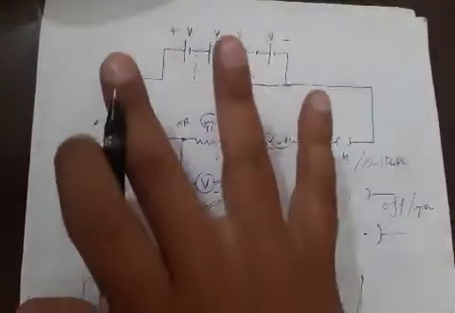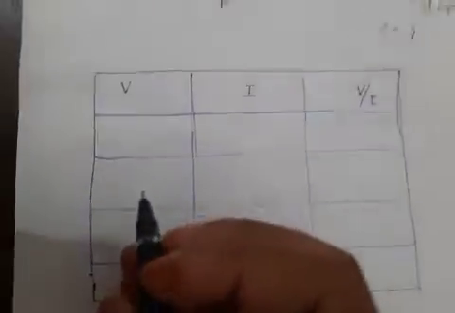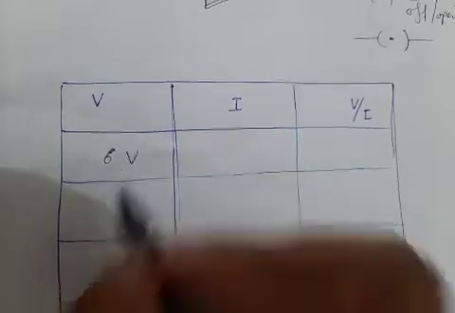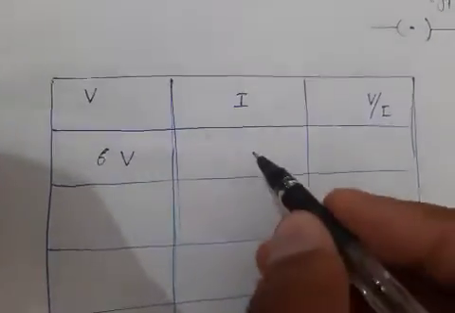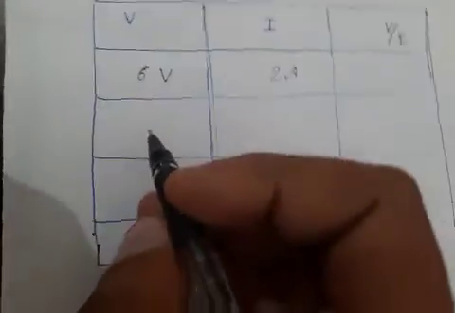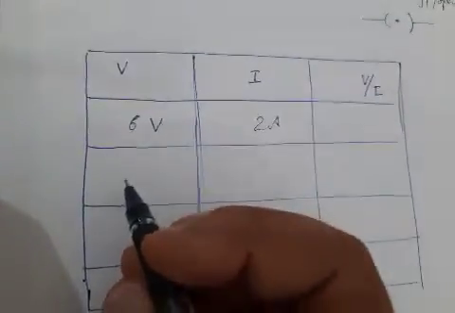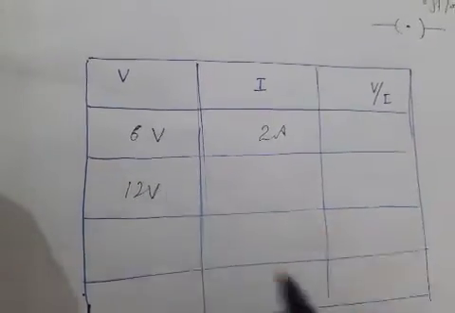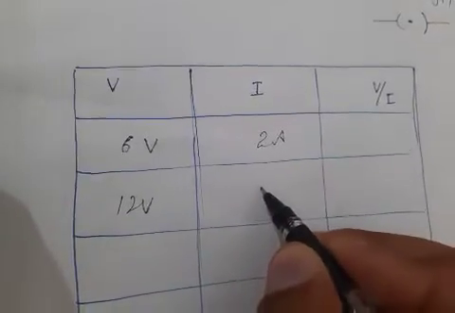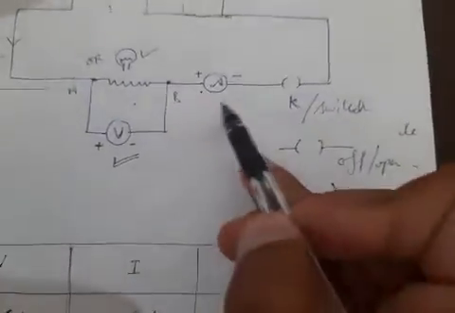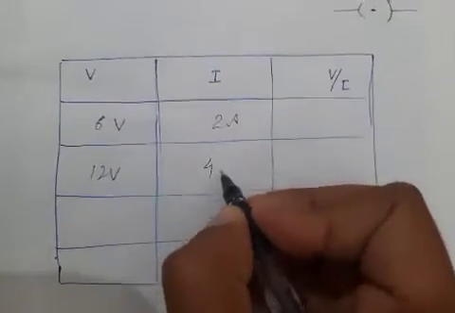So from this experiment what we get, suppose in the first case there is a potential difference of 6 volt and corresponding current in the circuit 2 ampere. Then I put another cell in series with the first cell, so it becomes 12 volt, and there is an increase in the current which is measured by the ammeter, let it be 4 ampere.